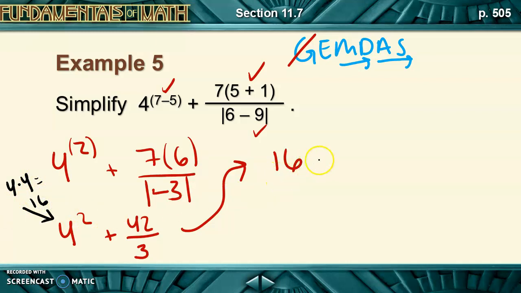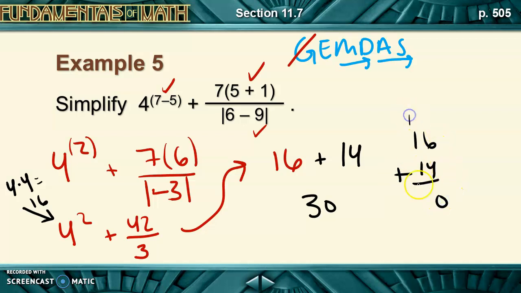So 16 plus 42 divided by 3. 3 can go into 4 one time with 1 left over, and it goes into 12 4 times. And our last problem is going to be 16 plus 14, which is going to be 30. 16, 14, add them together, carry the 1, 30.